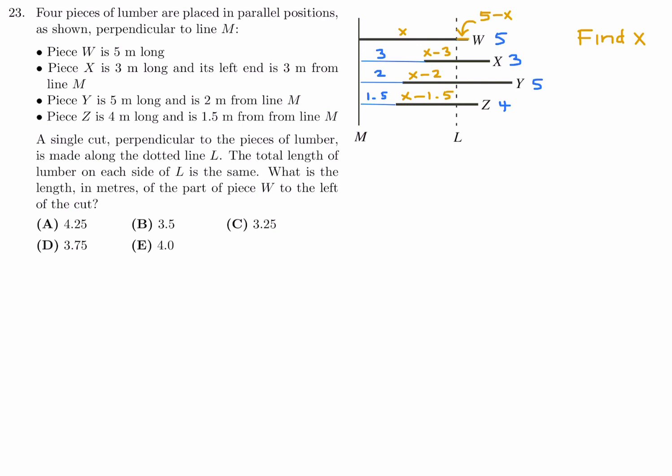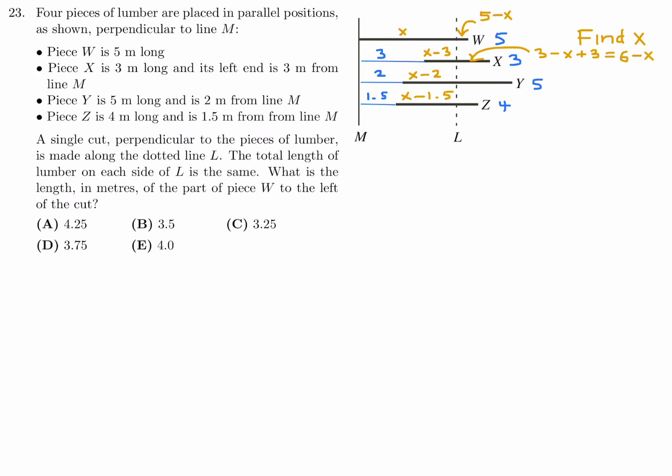Well, this part we already labeled 5 minus x, so that's done. This, well, the whole thing is 3. And this part is x minus 3. So this part has got to be 3 minus (x minus 3). So it becomes 3 minus x plus 3, and that is 6 minus x.